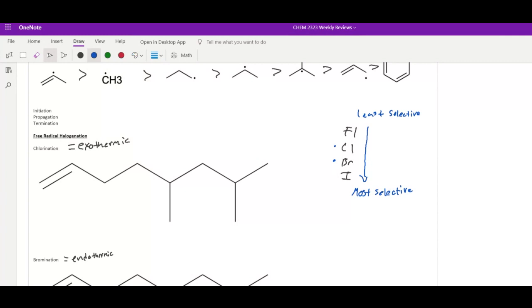So if I give you both bromine and chlorine and an R group, the bromine is going to be very picky and choose a single, most optimal position to bond to, where chlorine will bond to every single available position.